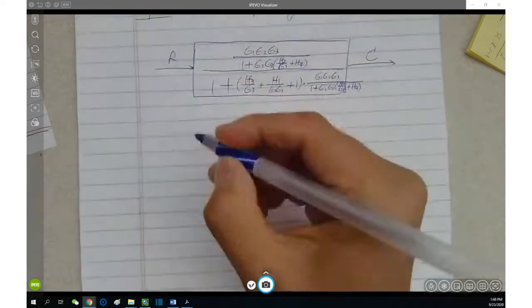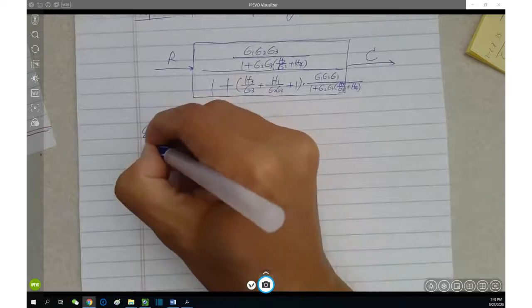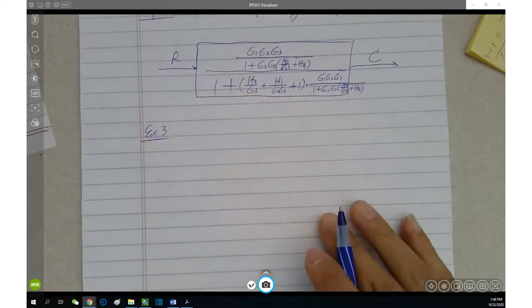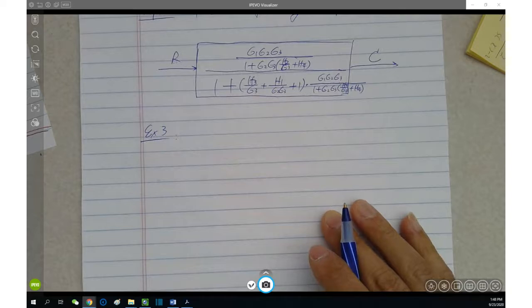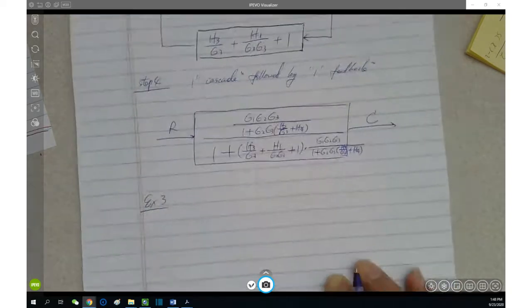Example 3. Let me see what example 3 is. Okay, here.